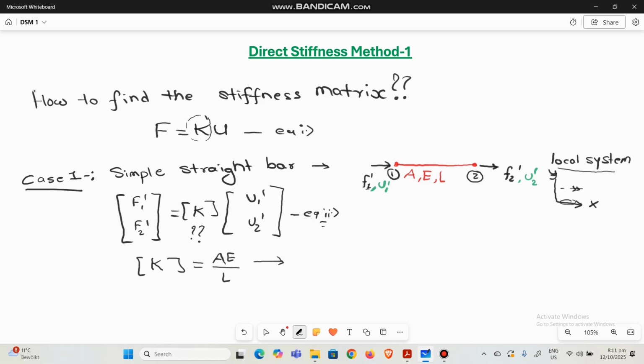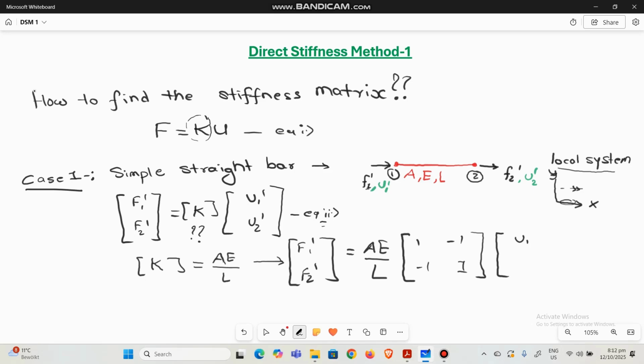which is, f1 dash f2 dash equals to, as I said, stiffness matrix K comes out to be AE upon L, and then 1 minus 1, minus 1 1, and then you just do u1 dash u2 dash.